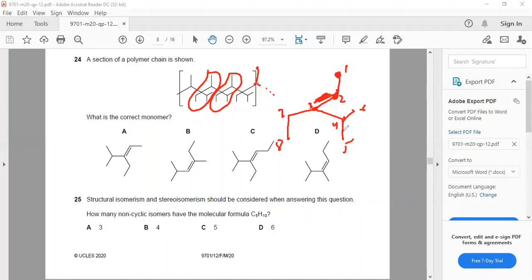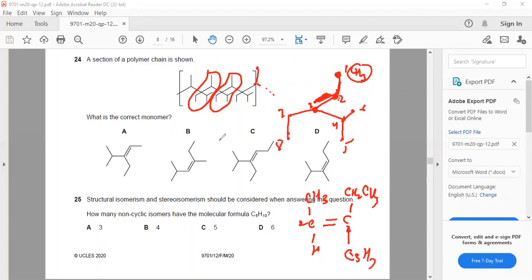The carbon which has the double bond has one methyl group and a hydrogen, because there is nothing here, means hydrogen. The other double bonded carbon, which is carbon number 3, has one CH2CH3 group and one C3H7 group.